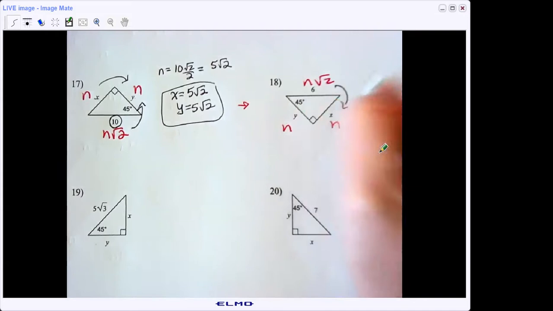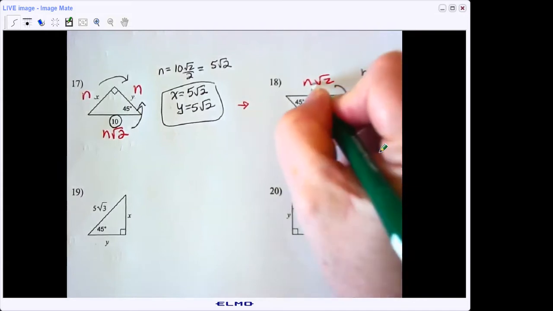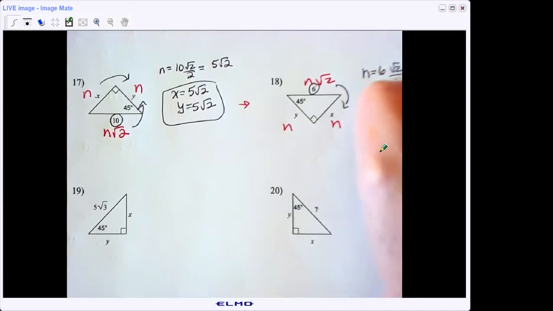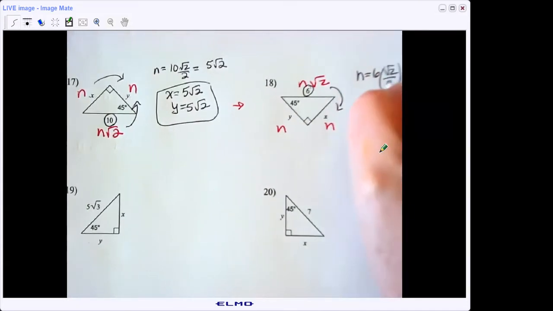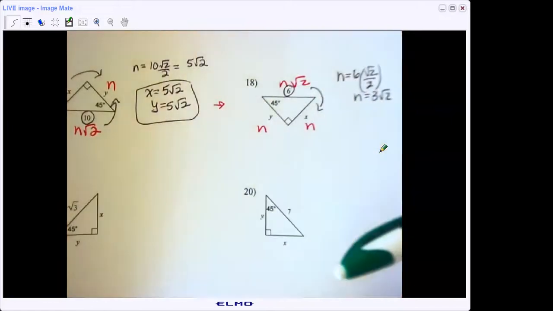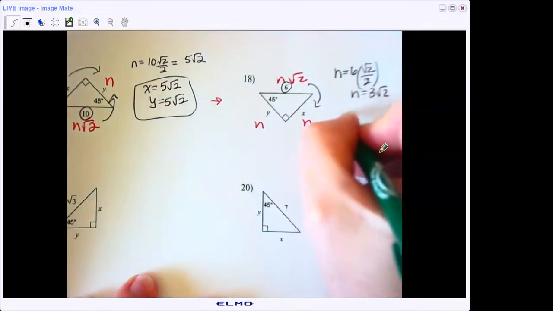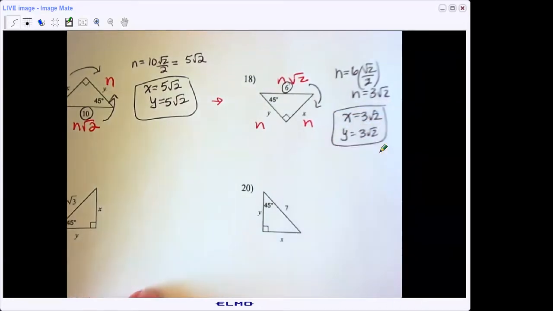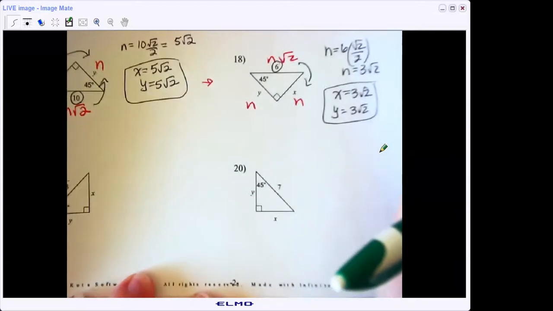Okay, so finding n, we're going to take that number, whatever it is, and put a root 2 over 2 next to it and simplify. So these cancel, so n is equal to 3 root 2. Good. So that makes my x equal 3 root 2 and my y equal 3 root 2. And you're done. Okay.